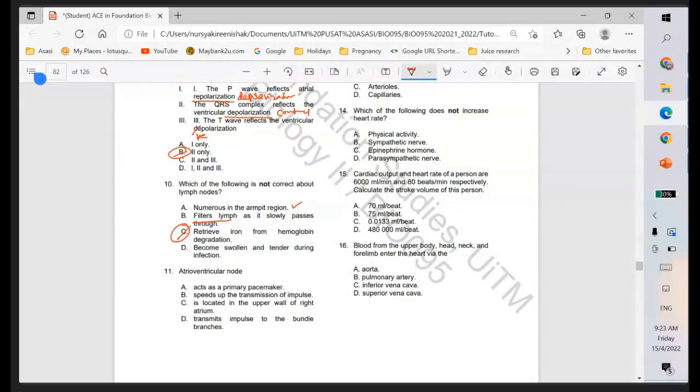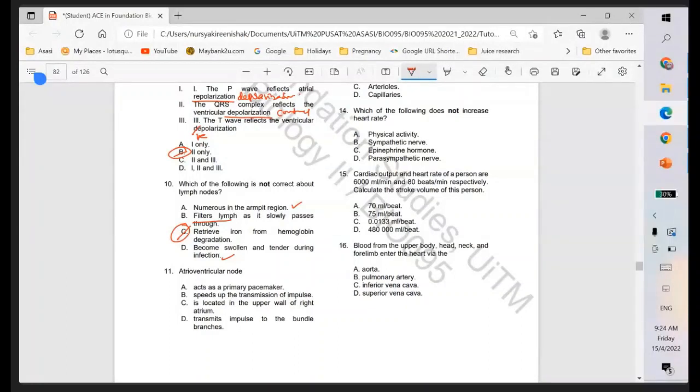So any pathogen that is found in the lymph will be engulfed by the macrophage, for example. Okay, and then become swollen and tender ni lah, kan? So swollen and tender due to the replication of white blood cells when the person is being infected by certain virus.